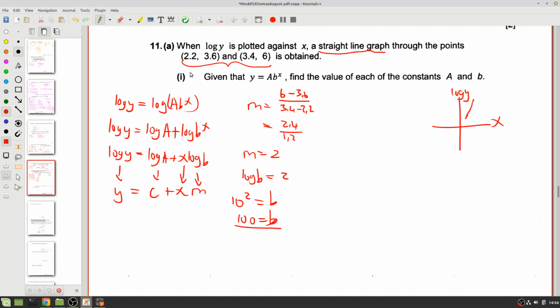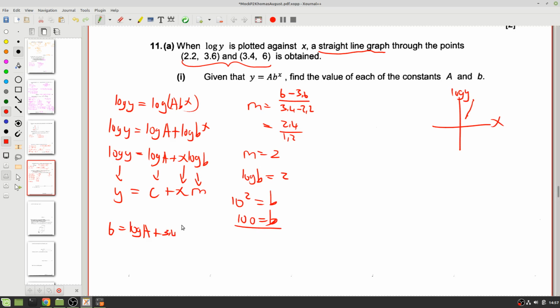So this is the x and log y values, x and log y. So let's substitute it into this equation. So log y, which points do we use? Let's use the second point. So log y is 6. Then log a we don't know yet. X is 3.4. And then log b is log 100, right?